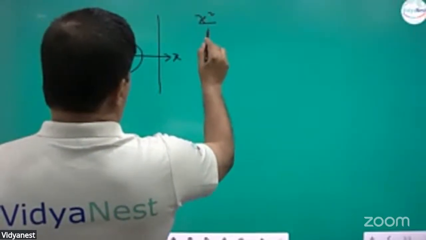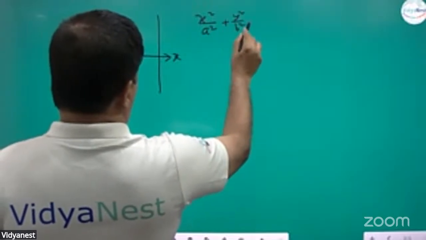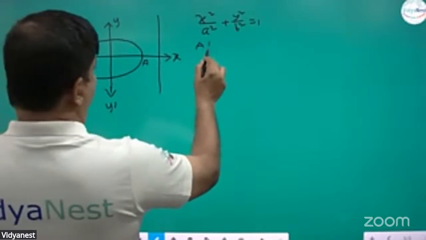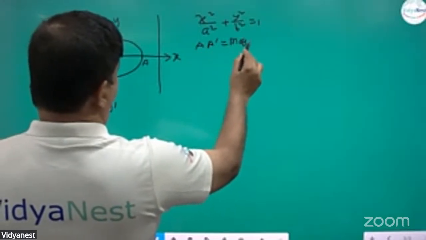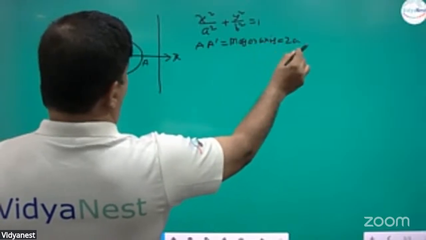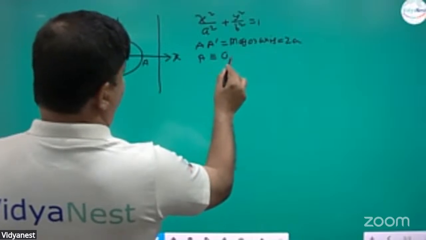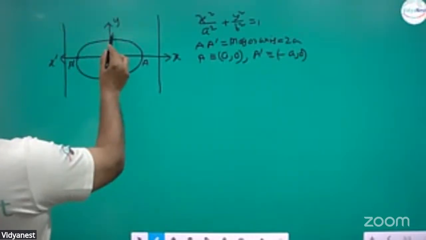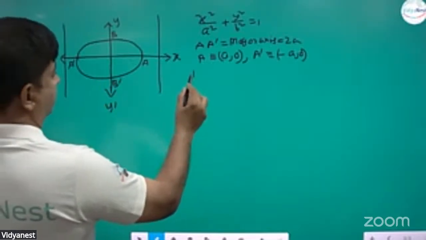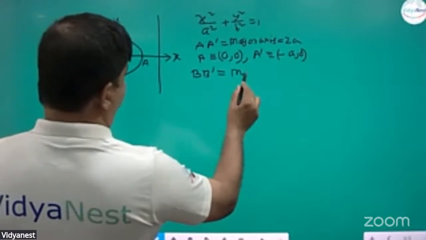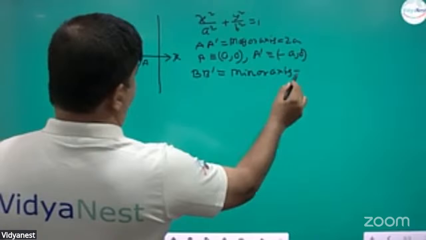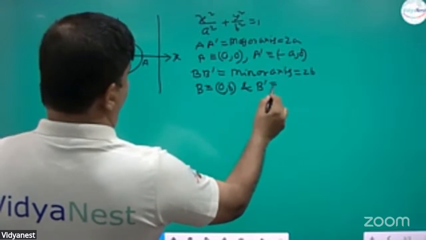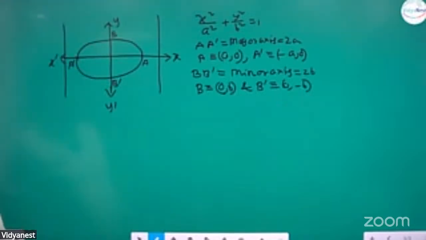So the equation of the ellipse is this, where A A dash is the major axis having length 2a, where a comma 0 and minus a comma 0 are the two vertices, and B B dash is the minor axis 2b, where (0, b) and (0, minus b) are the two endpoints.